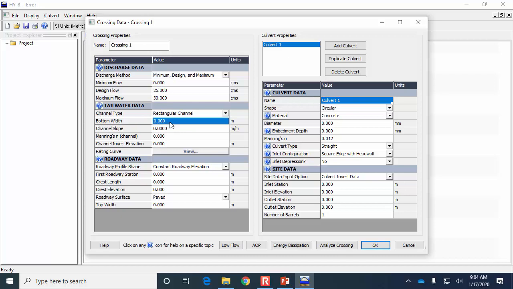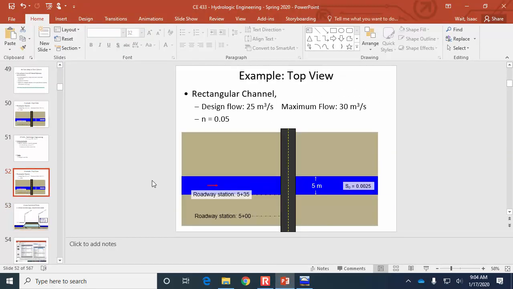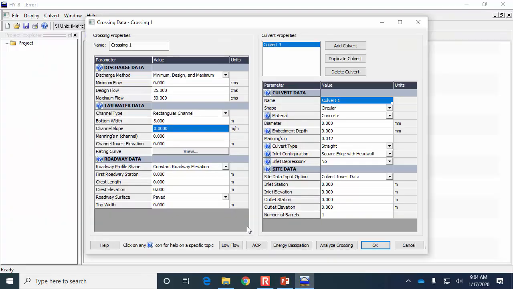The bottom width of the channel is 5 meters. It's rectangular, remember. The longitudinal slope of the channel is 0.0025. So this is the slope of the channel downstream of the culvert. So the tailwater is what's after the culvert.